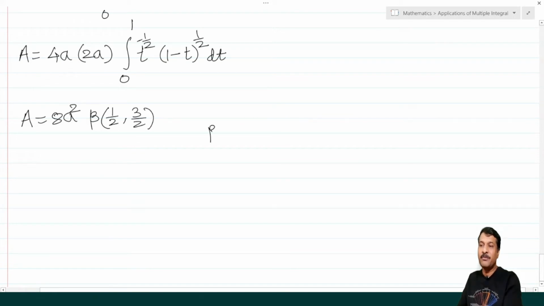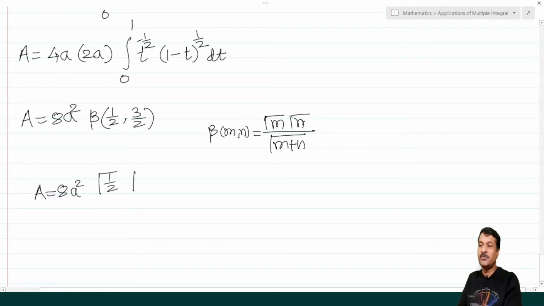As we know, beta(m,n) equals gamma m gamma n upon gamma of the addition, means m plus n. And by using this I am getting area A equal to 8a square gamma half into gamma 3 by 2 upon gamma of half plus 3 by 2.